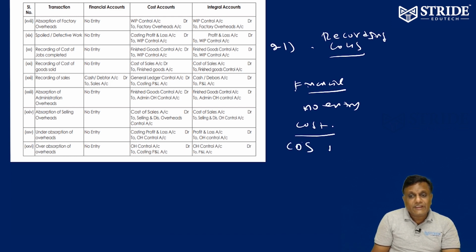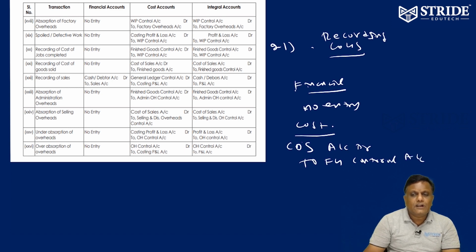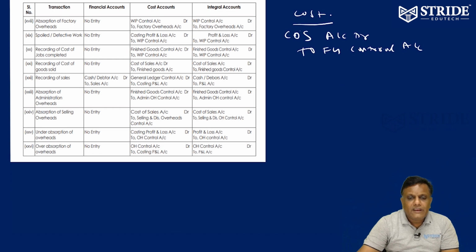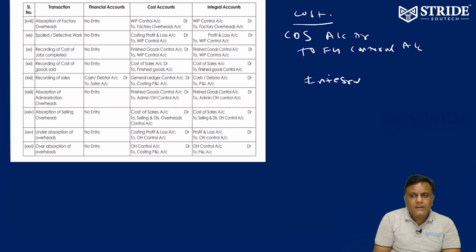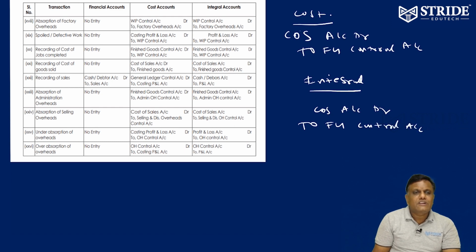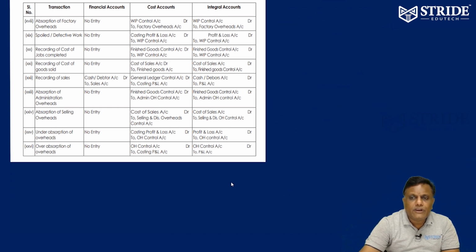So it is transferred to cost of sales account debit to FG control, to finished goods control, cost of sales account debit to finished goods control. But in integral, entries are the same. So cost of sales account debit to FG control account. Okay.